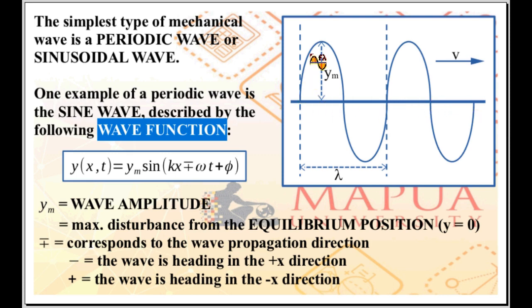A sine wave will cause the particles of the medium to be disturbed from their initial, undisturbed position. Again, we refer to the undisturbed position of the system as the equilibrium position. So for the particles lying on the x-axis, the x-axis is the equilibrium position.